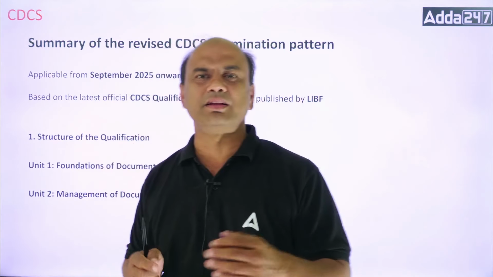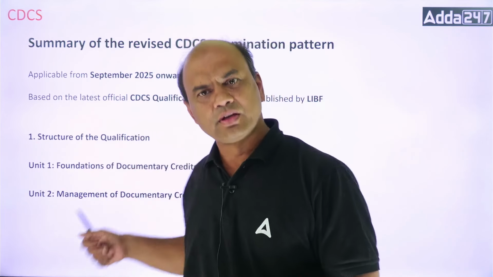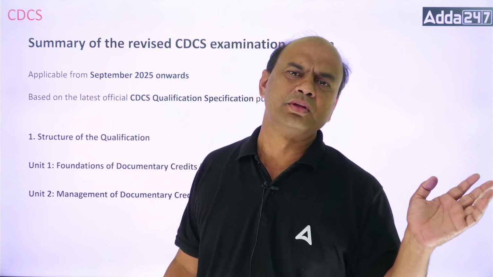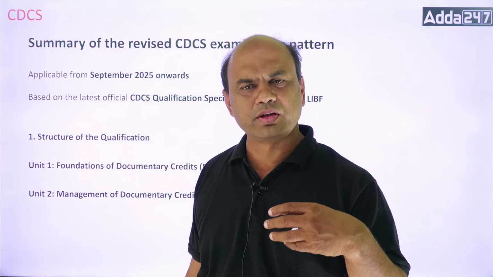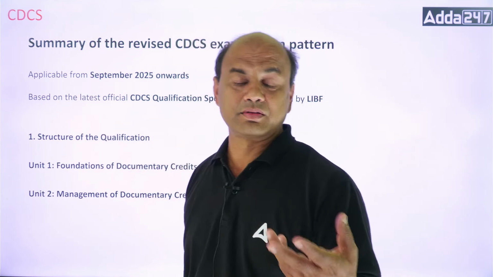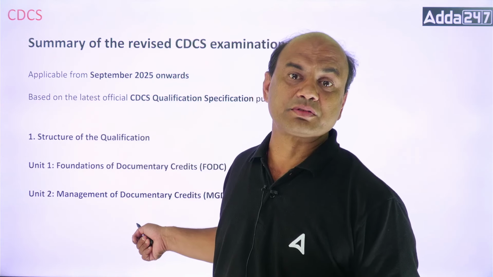It's a sort of junior college, senior college, junior executive, senior executive. That is junior, this is senior. Here we'll have all of them: you'll have ISBP, you'll have ISP, you'll have URR 725, you'll have EUCP 2.1 plus UCP 600 also.